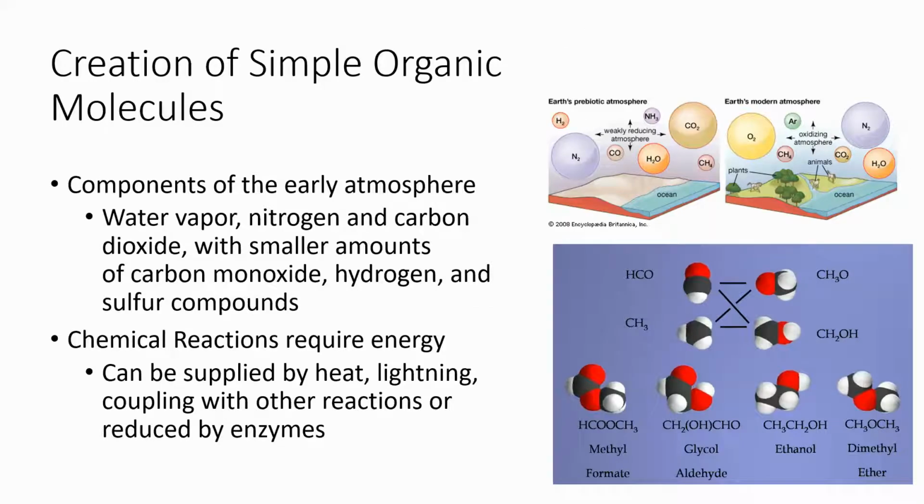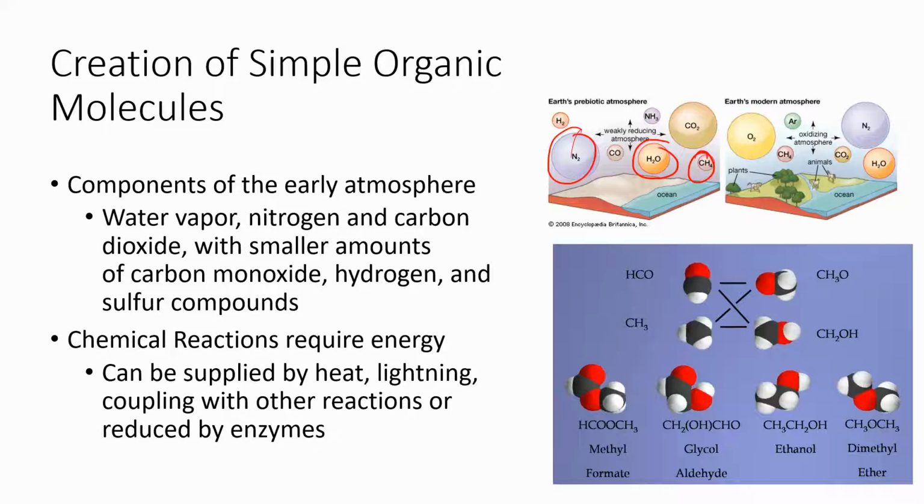So if we look at the kind of gases that probably existed in Earth's primitive atmosphere, you'll find that while some of the components are very similar, like molecular nitrogen, as well as some methane, and water vapor is there as well, because this is after the formation of oceans, you'll find that there are some big differences.